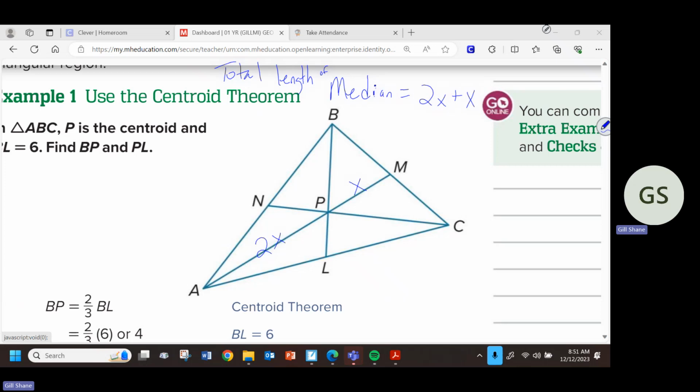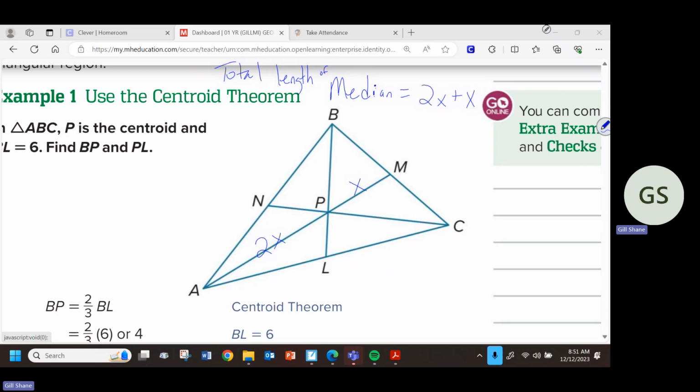Again, it's not really a variable either. What's x plus 2x? 3x, right? So the total median, if we set it up like that, would be 3x.